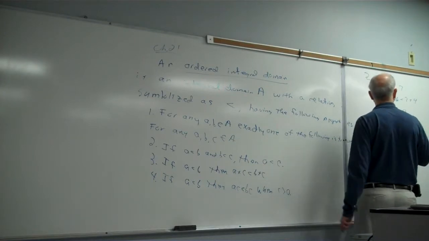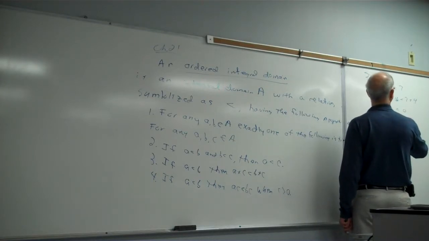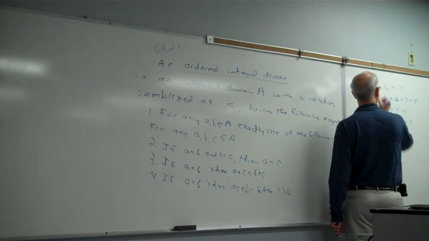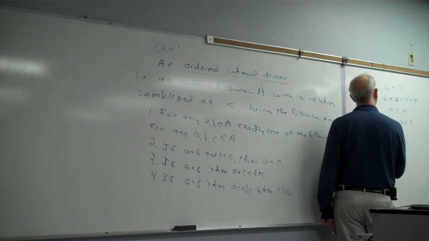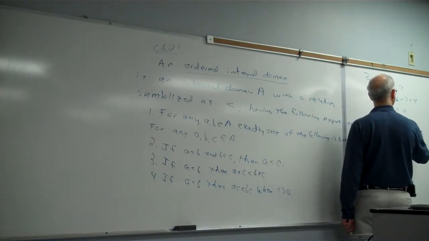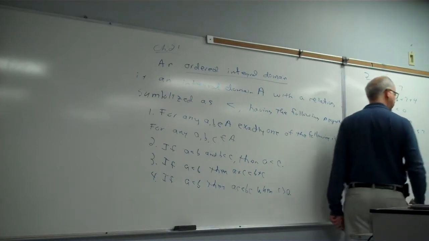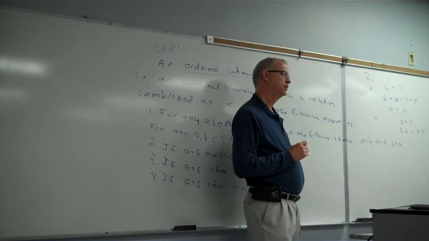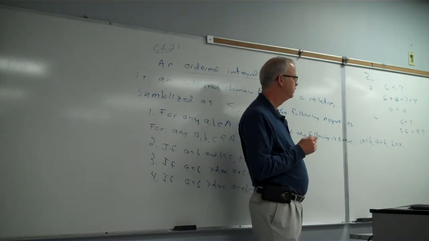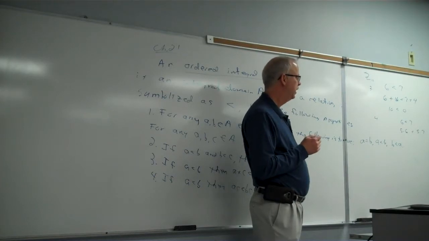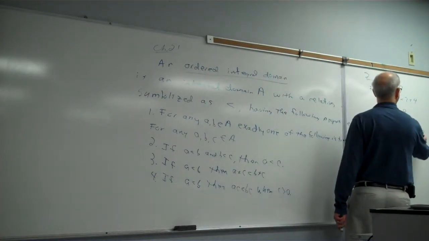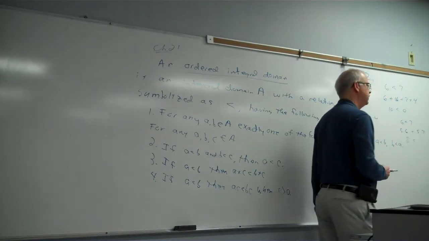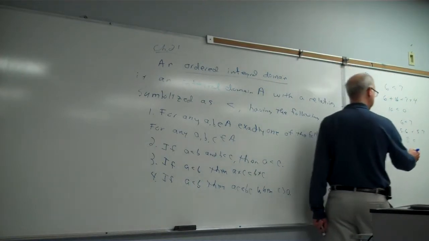We'd also have the problem if we multiply by something greater than 0. So say here, 6 less than 7. What if I multiply both sides by 5? 5 times 6 on our 11-hour clock is 8. 5 times 7 is 2.